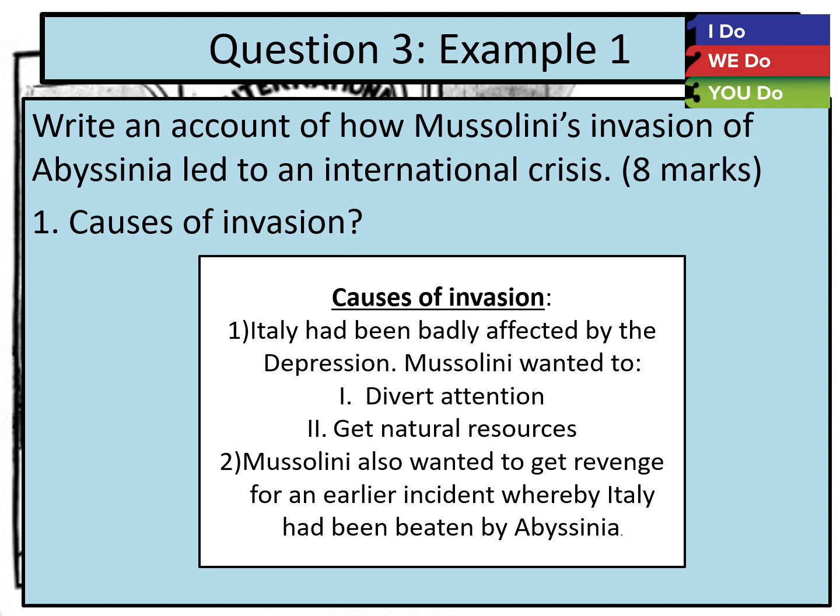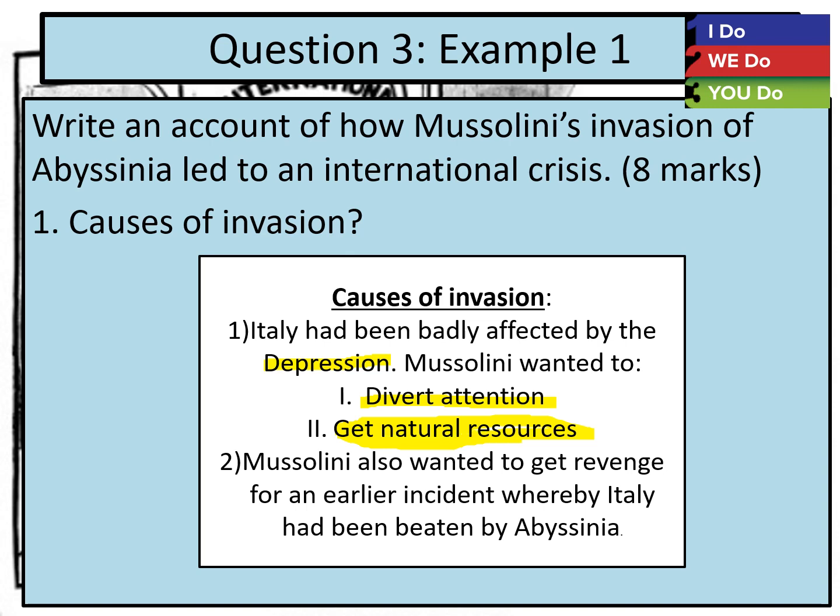So the first part of this would be to tackle what happened with the invasion. What was the cause of it? You'd need to be thinking about why Mussolini invaded Abyssinia at this point. You can't avoid at this point the depression and how badly Italy had been affected. And you'd start off by talking about that in your first paragraph. You might talk about him trying to divert public attention away from the problems that he had at home, but also to gain extra natural resources in order to help bolster the failing Italian economy.